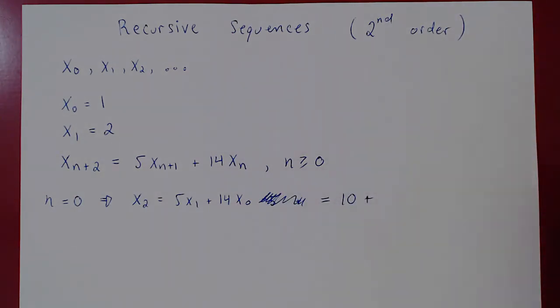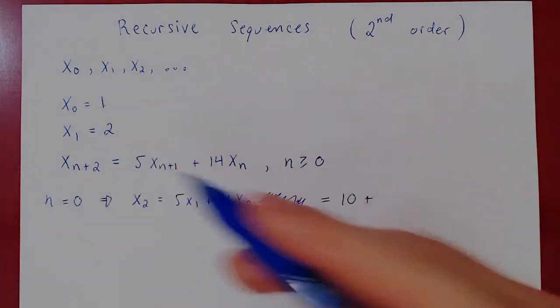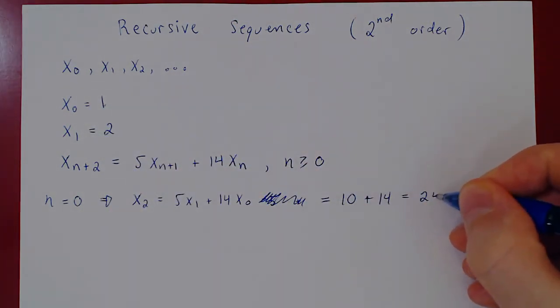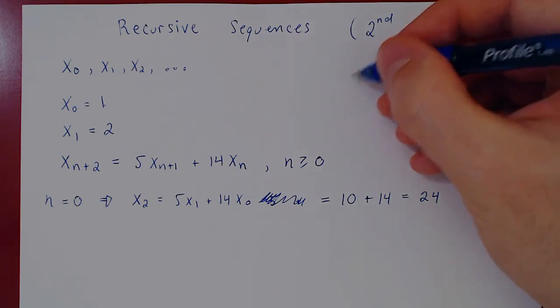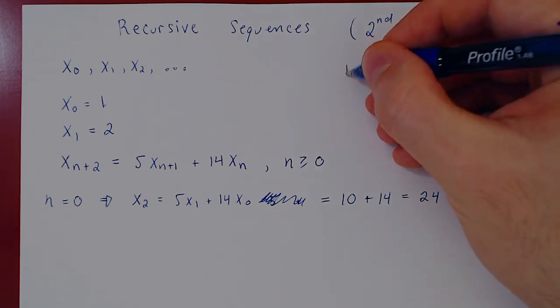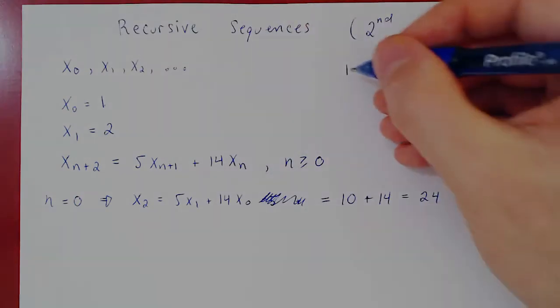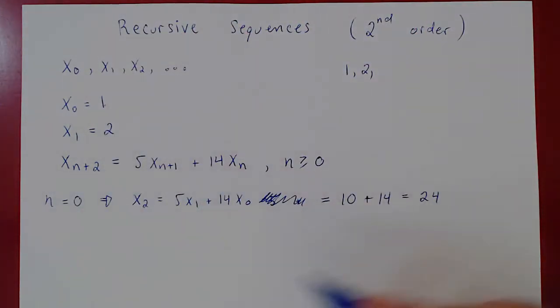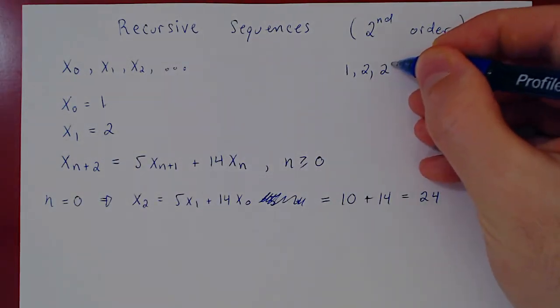Plus 14 times x0. x0 is 1. 14 times 1 is 14. And so x2 is 24. So we can write the sequence here if you want. x0 was 1. x1 was 2. And now, from the recursion, x2 equals 24.